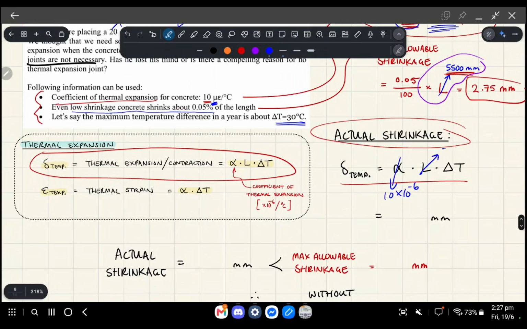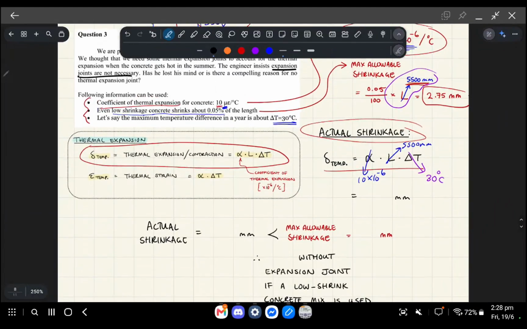We plug in 5,500 millimeters, to get the whole thing in millimeters. And the change in temperature between the hottest and coldest periods of the year is said to be 30 degrees Celsius, right? So that's the max amount of expansion difference that it could have, or expansion and shrinkage difference, okay?